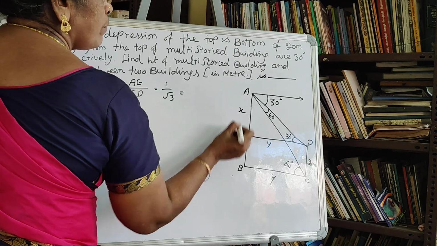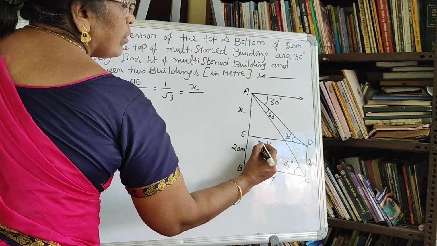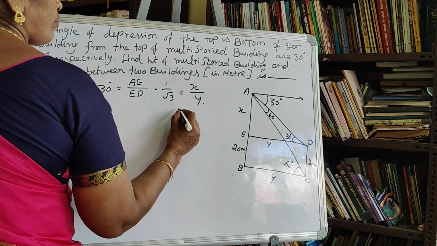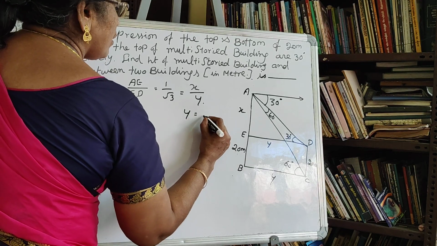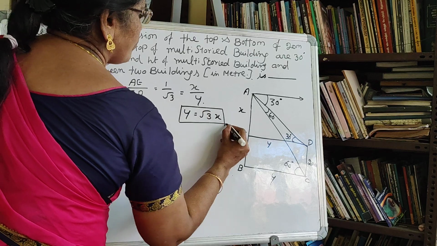AE means X, this distance, over ED, Y. So the answer, Y equals root 3 X. This is the first answer.